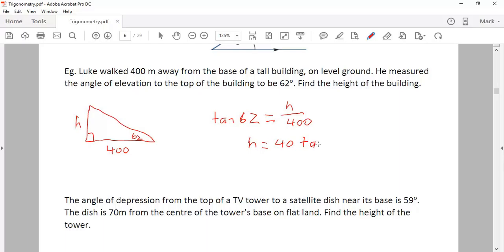And then we just type it in our calculator, and you should get 752. I'm just going to go to 2 decimal places. Doesn't really matter because it doesn't say in the question.